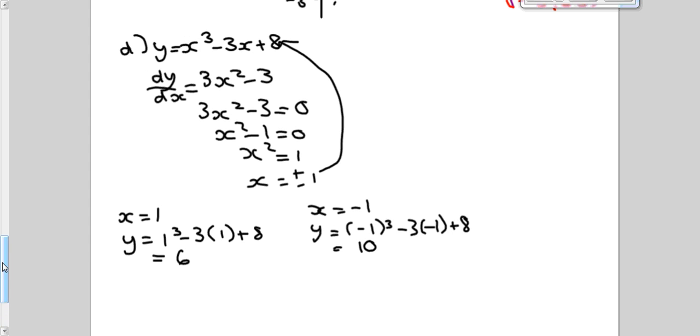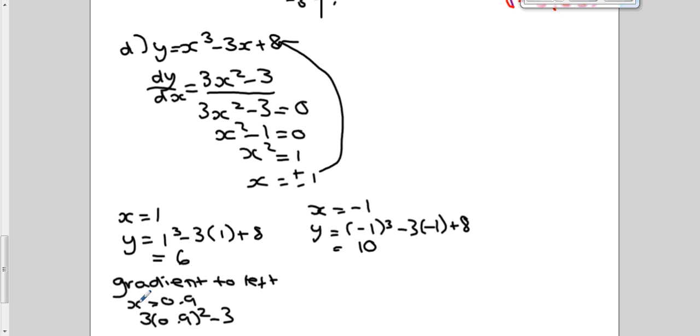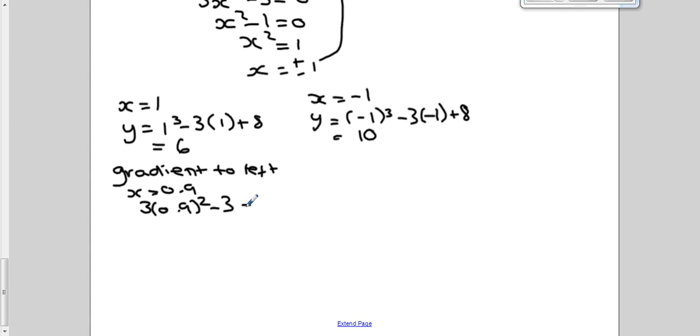So we can do that by testing each side using the gradient here. So the gradient to the left, with our x value being 1, so that would be at x equals 0.9. So that would be 3 lots of 0.9 squared minus 3, which comes out to give us a gradient of minus 0.57.